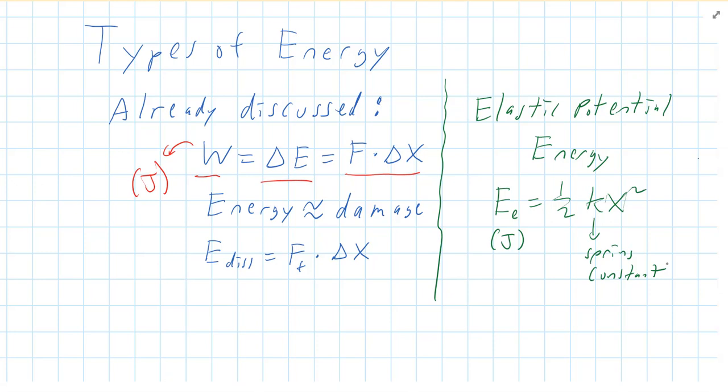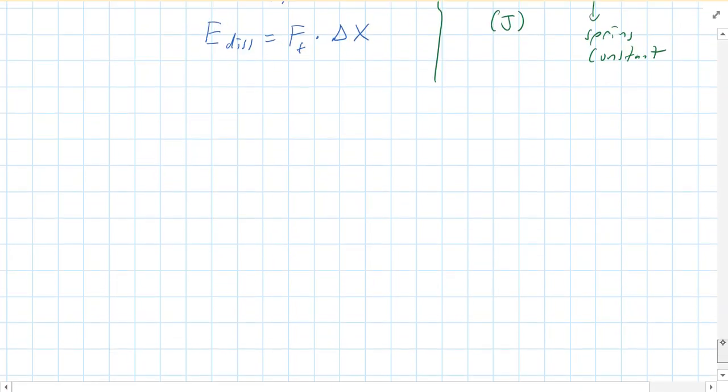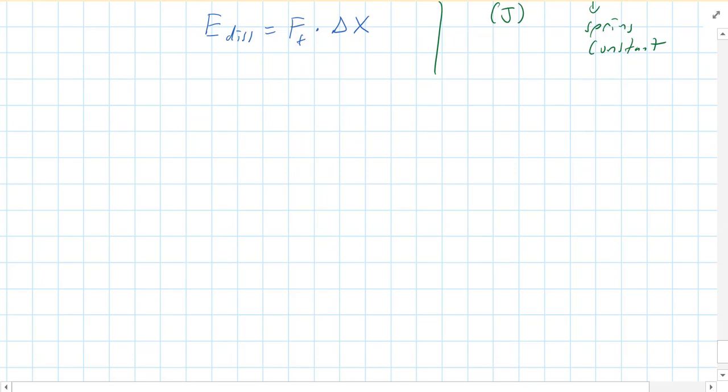Okay. Well, there are two other forms of energy that we're going to talk about. The next one that we can talk about is the energy of motion, and that is called kinetic energy.